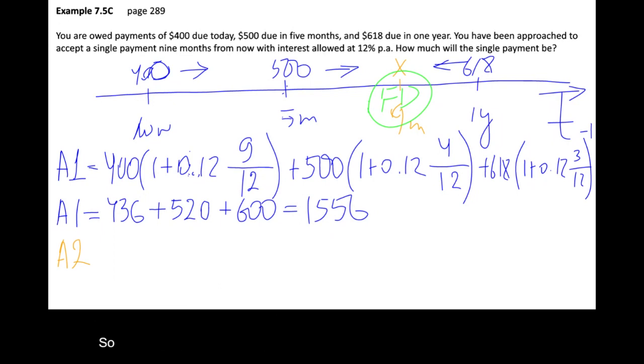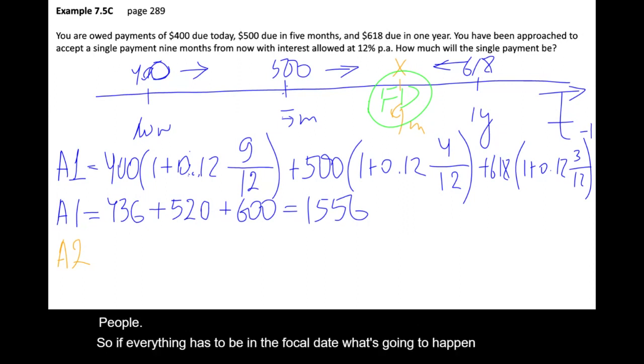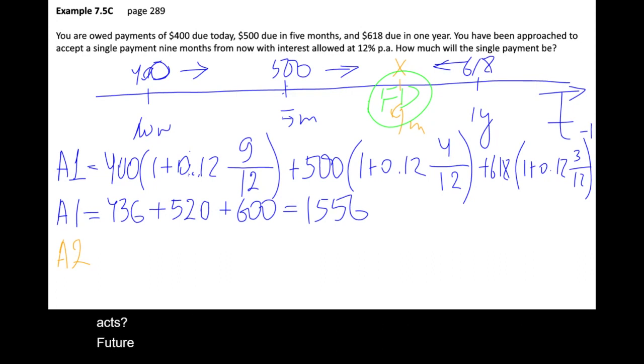So idea is to have all the amounts in the focal date, right? So if everything has to be in the focal date, what's going to happen to value X? Future value or present value? Or something else?